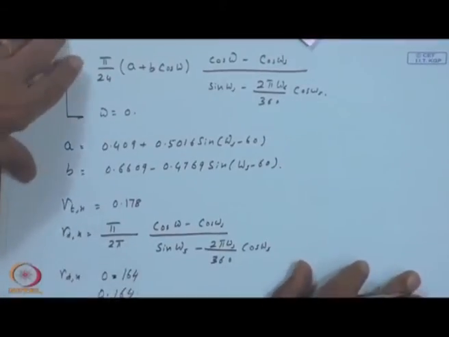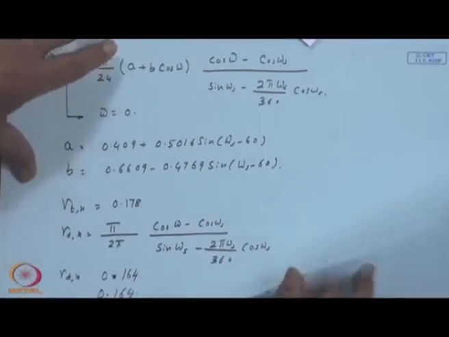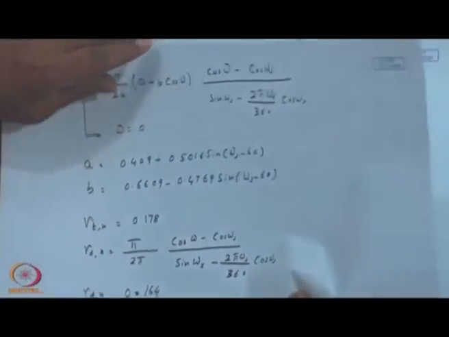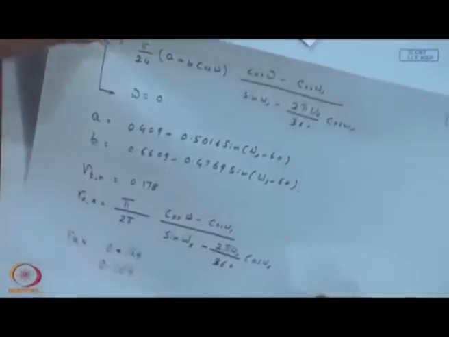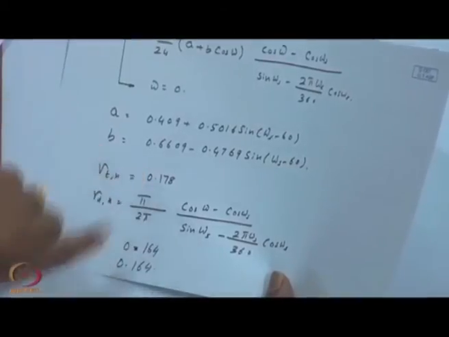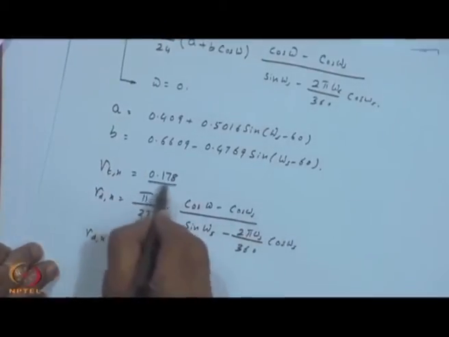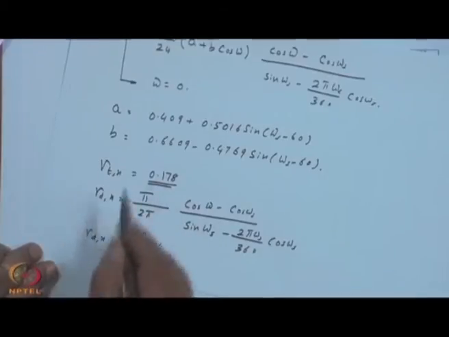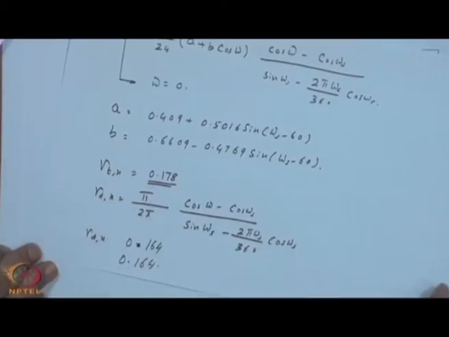Now, you might wonder, the diffuse radiation R d by R t, the fraction, also is 0.164, pretty close to 0.178, but you should remember this is 20% of the diffuse radiation, whereas this is about 20% of the global or the total radiation.